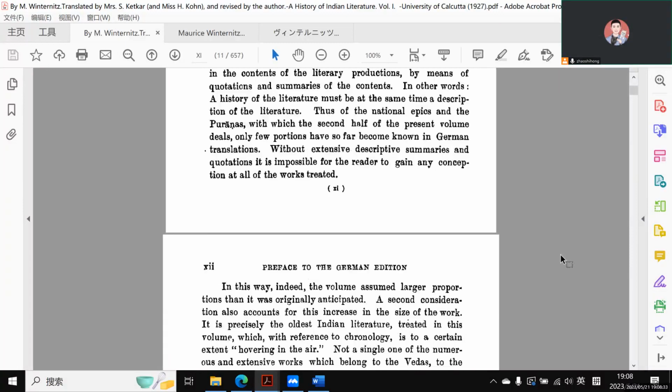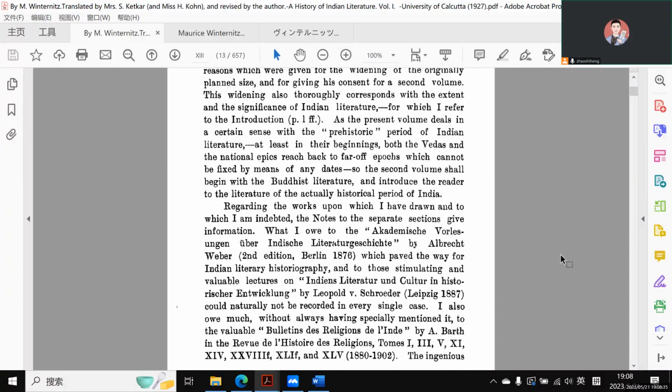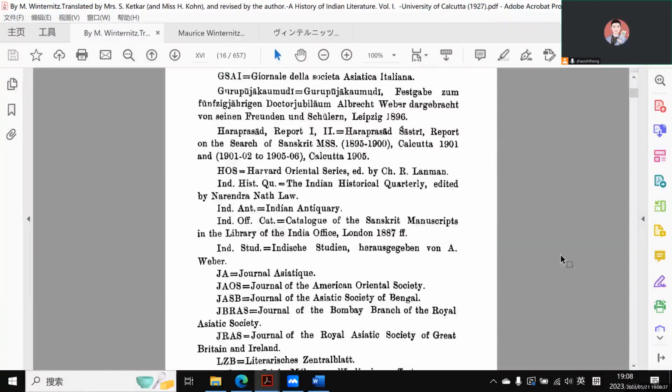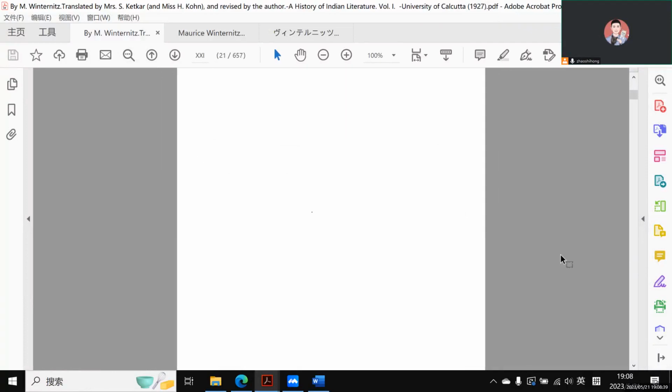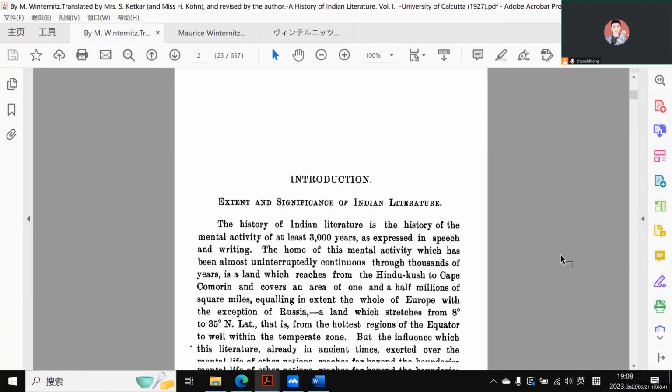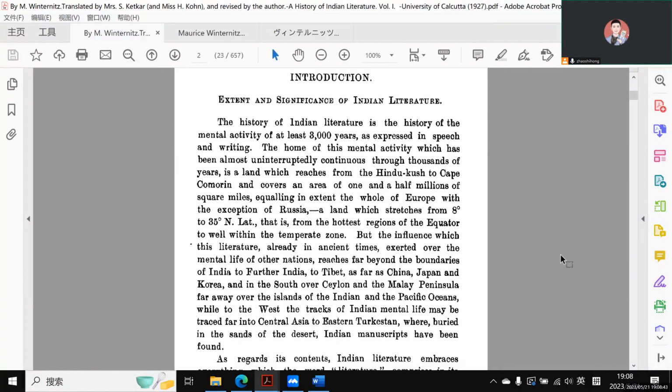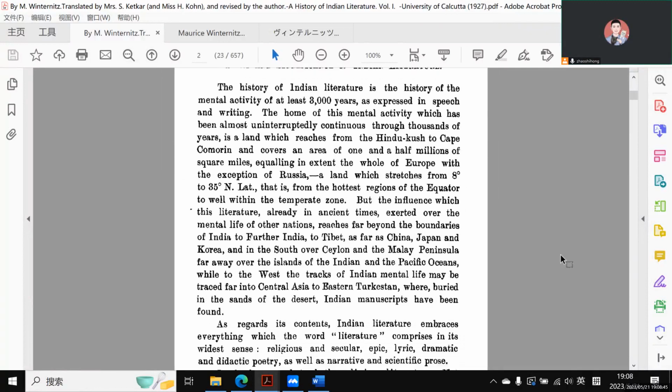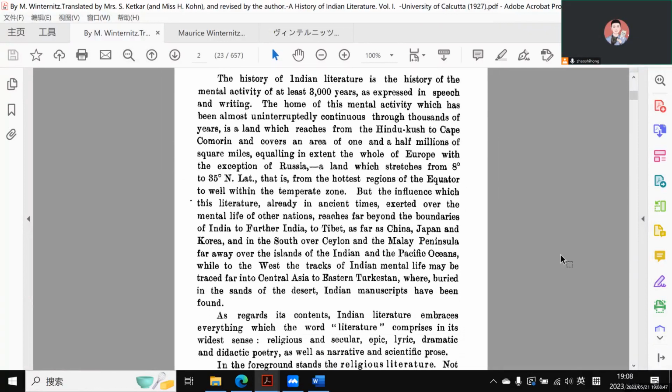Maybe we shall jump directly to the main part. Okay, introduction here. So basically, we should first know some very simple points on the condition of India.